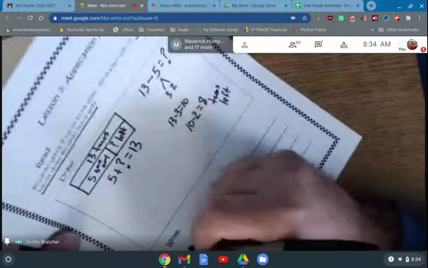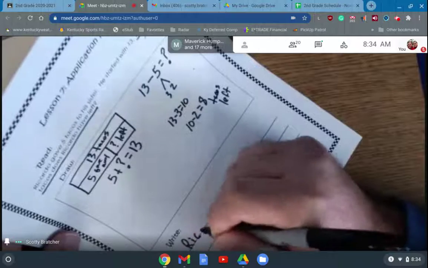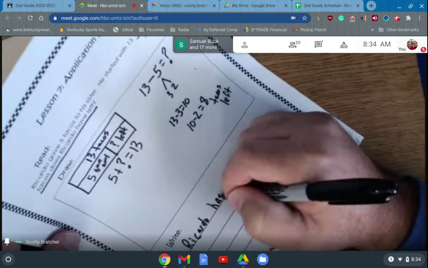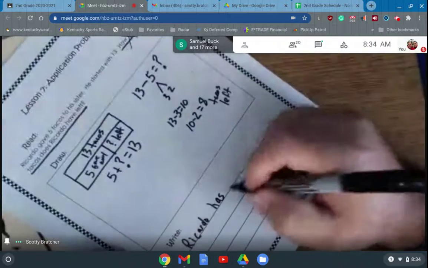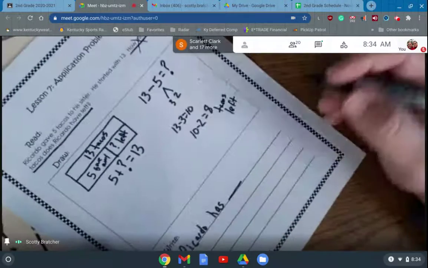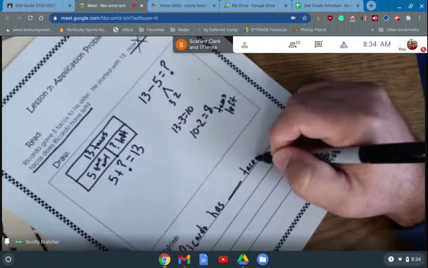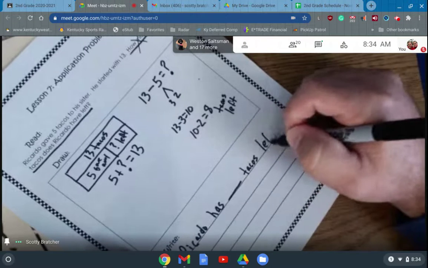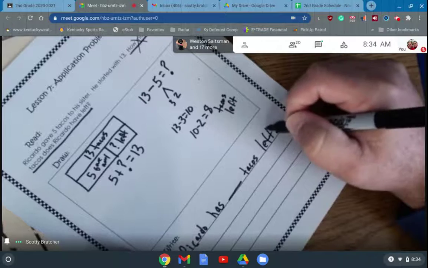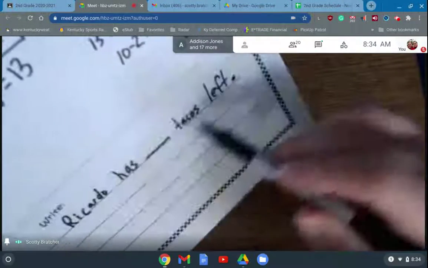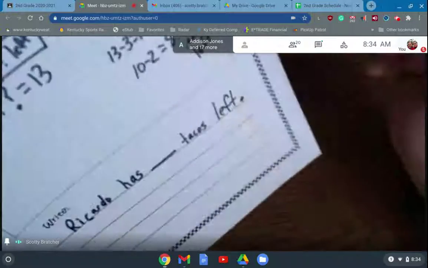So I'm going to say Ricardo has, and I'm going to put a blank here for my answer, tacos, because that's what they are, left.